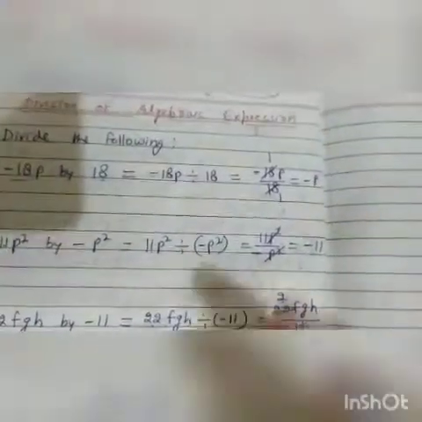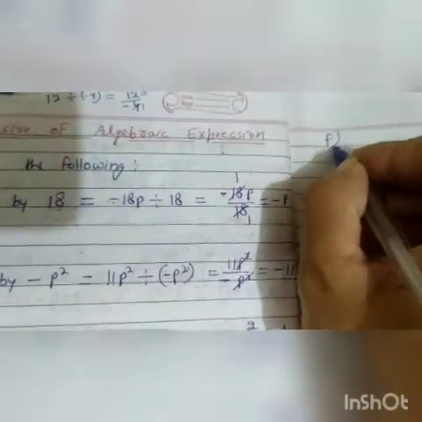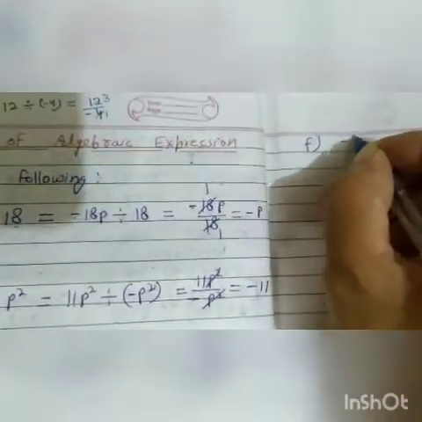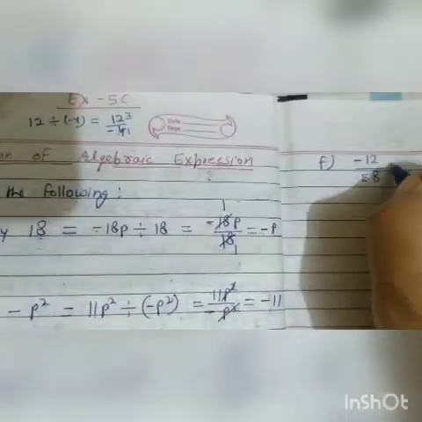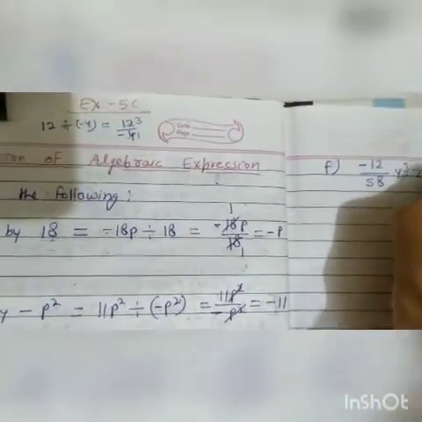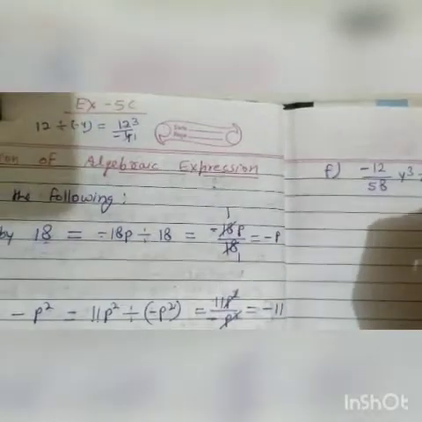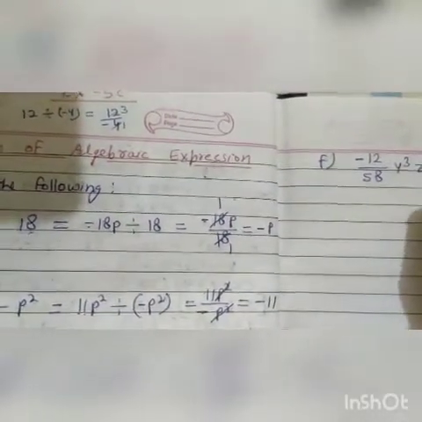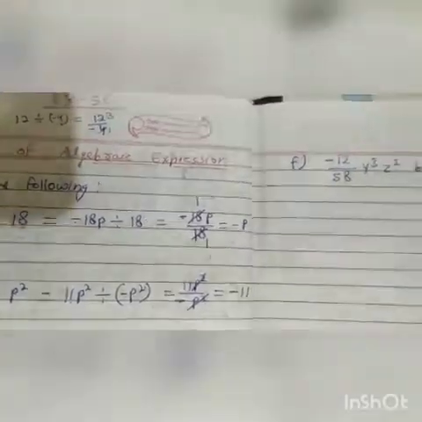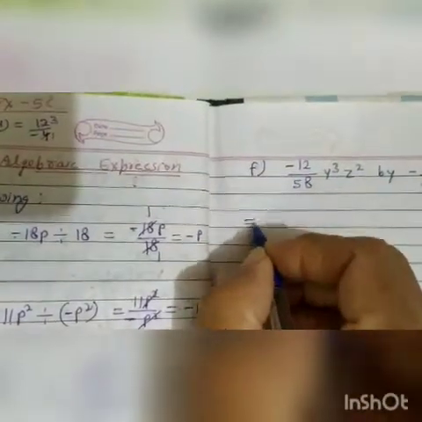Then next part, F part. In F part it is minus 12 upon 58 y cube z square by minus 36 upon 29 yz. First we will write it in division form.